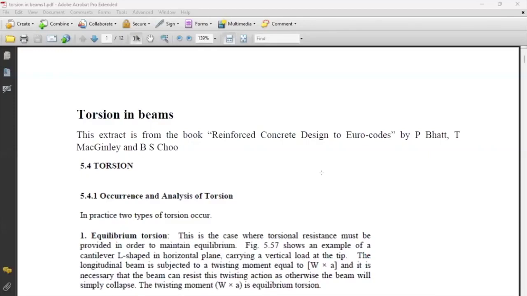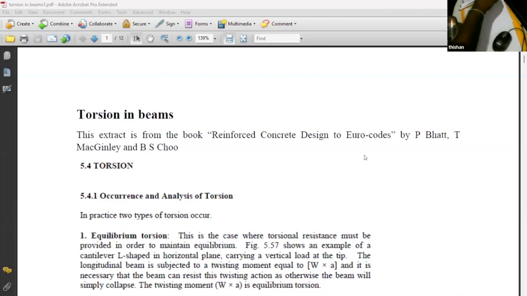Right, so last time we talked about torsion. We talked only about the very basic stuff, like how to find whether a section can take torsion and so on.